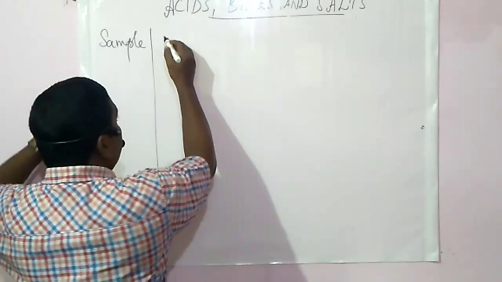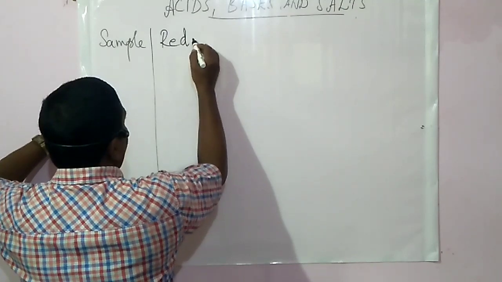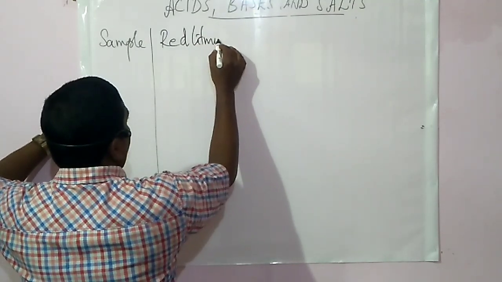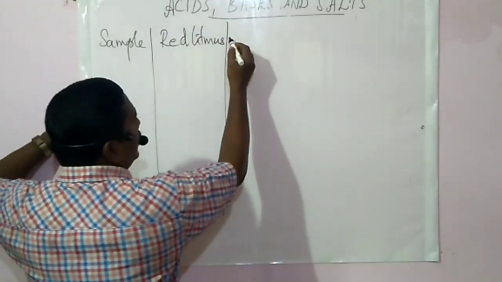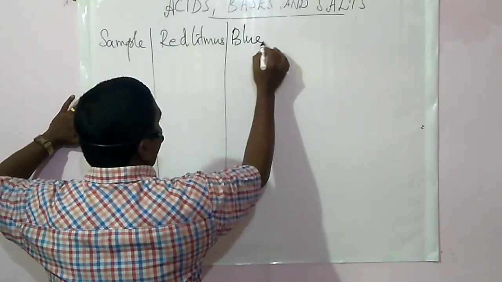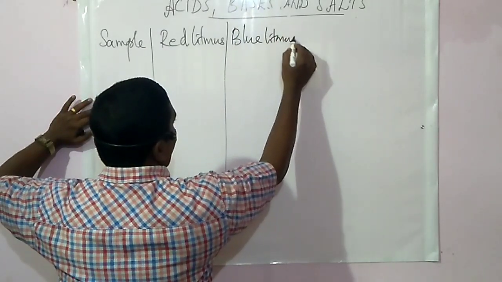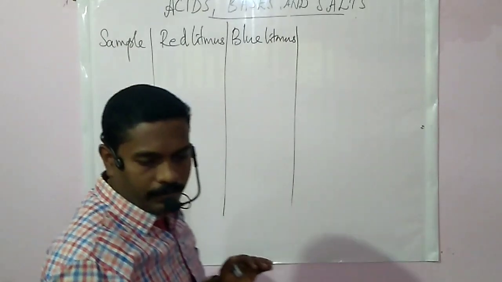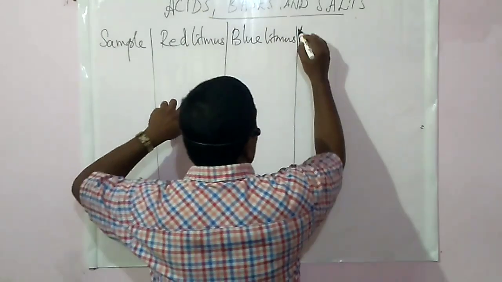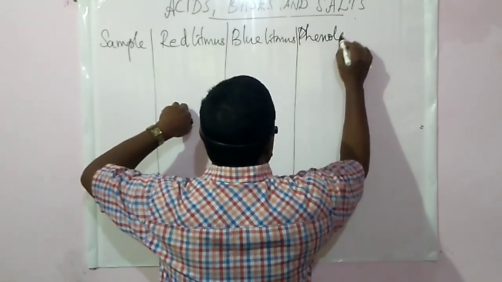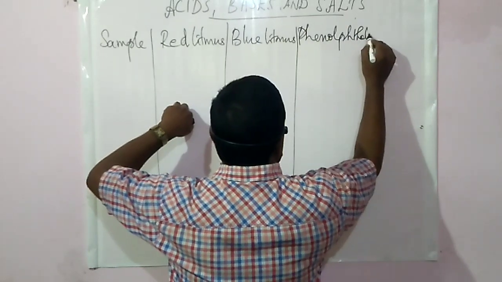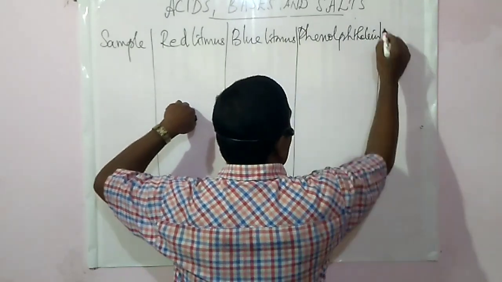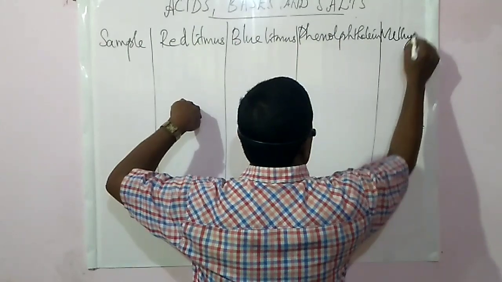Red litmus solution. And the third one? Blue litmus solution. And the next one, phenolphthalein solution. And methyl orange.